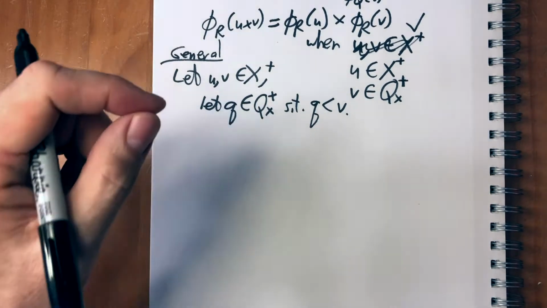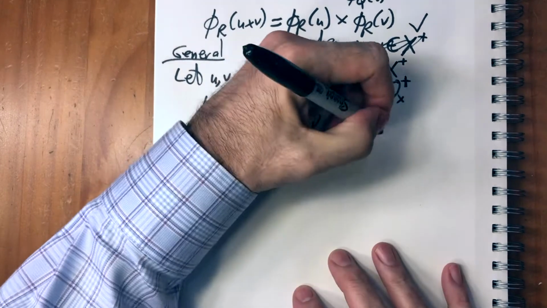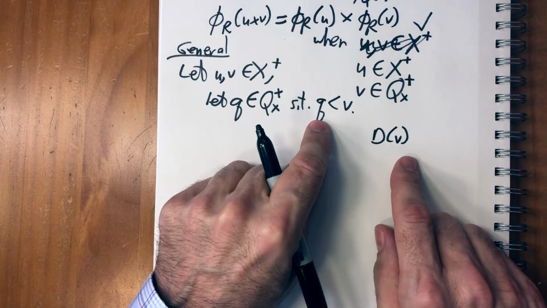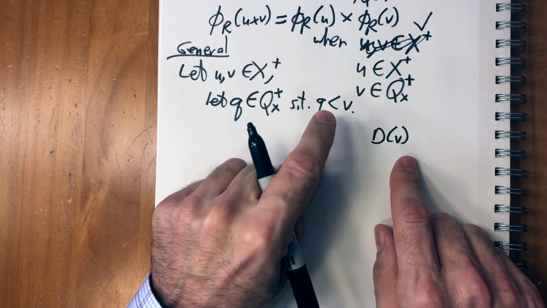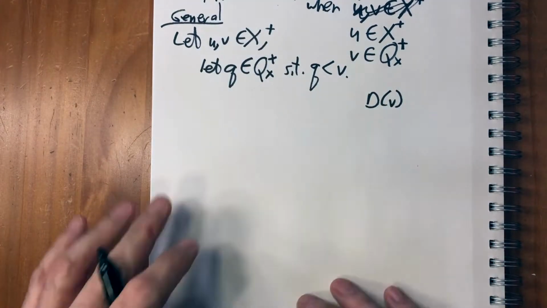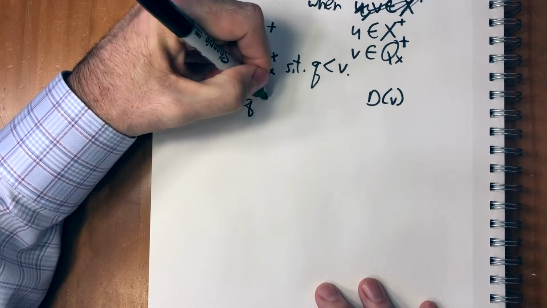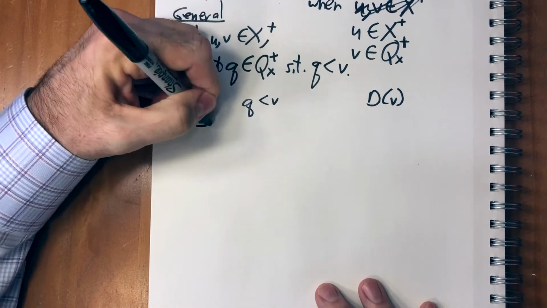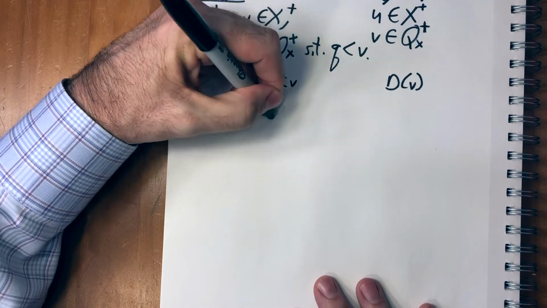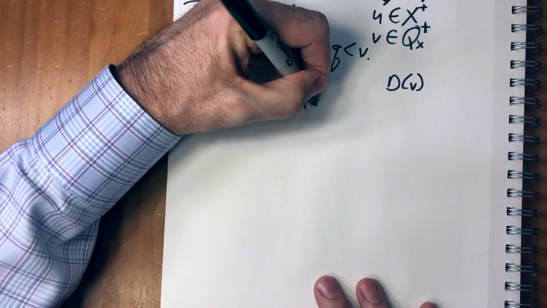So the set of all q less than v is not actually the set of all rationals less than v, because we still have to add the negative rationals and 0. So we'll take care of that, but that's the one little awkward place in this part of the proof. So q is less than v. That implies we can multiply u by both sides, that u times q is less than u times v.